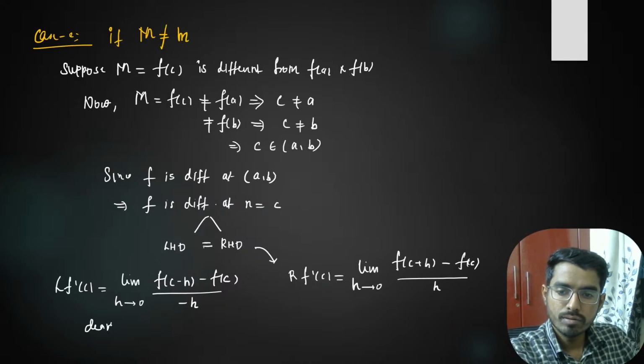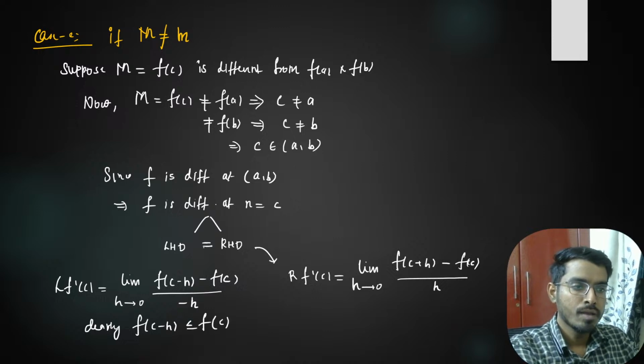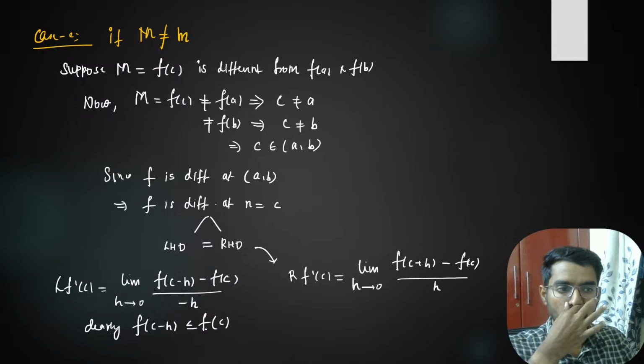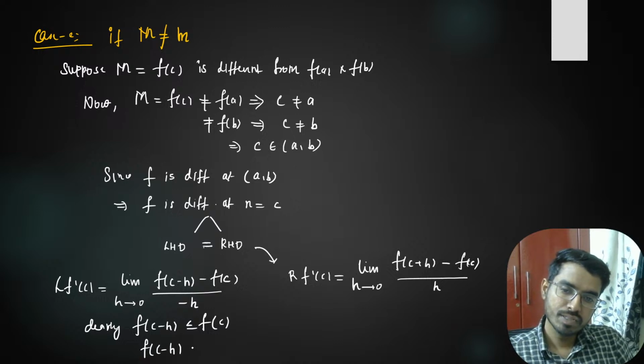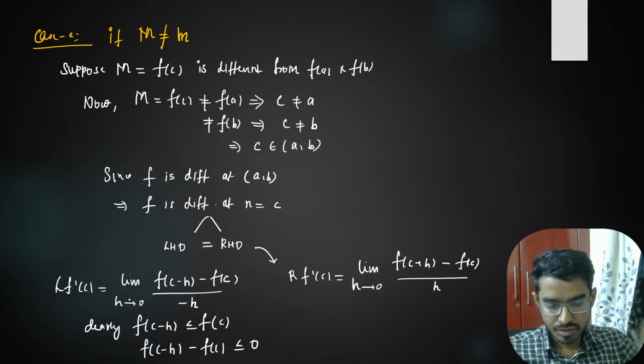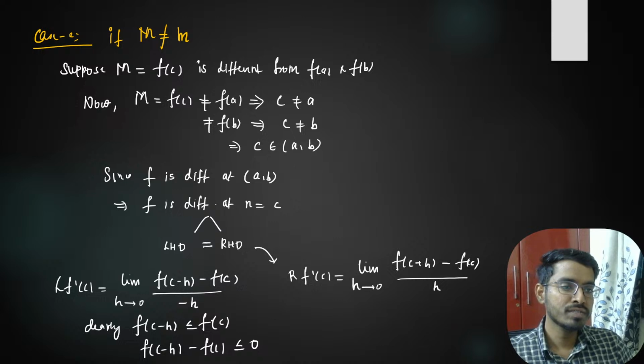So clearly f of c minus h is always less than or equal to f of c, right? That means your f of c minus h minus f of c is always less than or equal to 0. Yes or no?